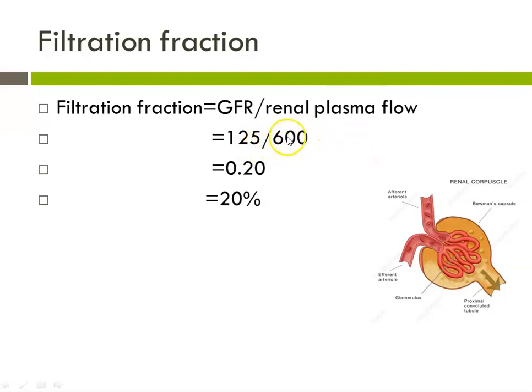So 125 divided by 600 is equal to 0.20. So the filtration fraction is approximately 16 to 20%. This is the percentage of the renal plasma flow filtered by the glomerulus, the fraction of plasma that becomes glomerular filtrate.